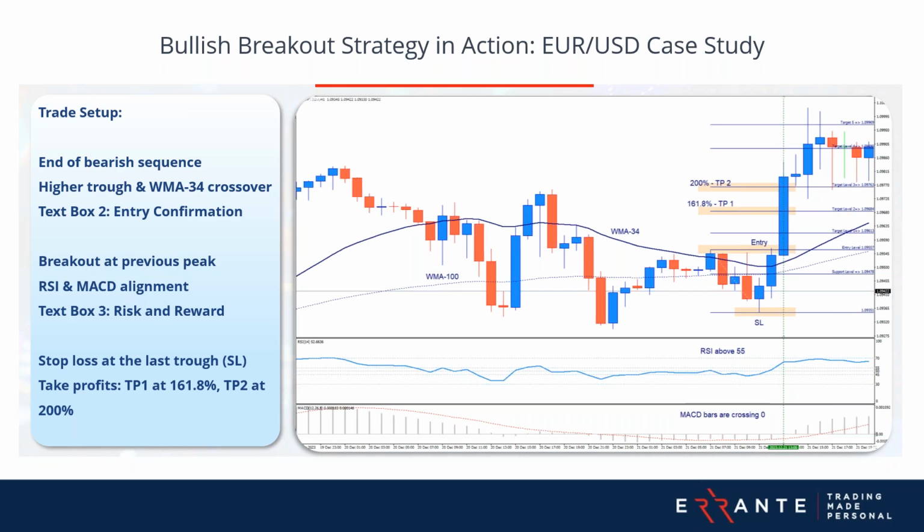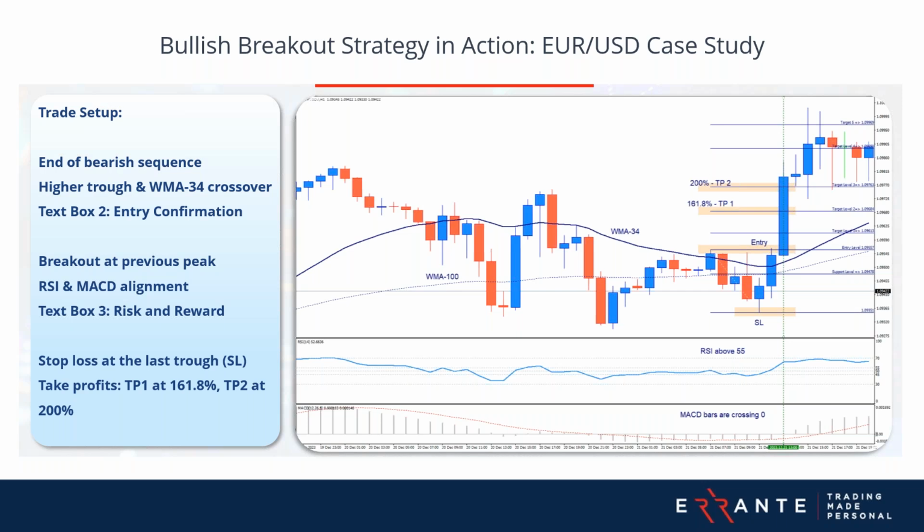And then we have the executing risk management. The chart delineates the stop loss set at the level of the last bearish trend bottom, as you see here as a stop loss, mitigating the risk of substantial losses should the market unexpectedly reverse.